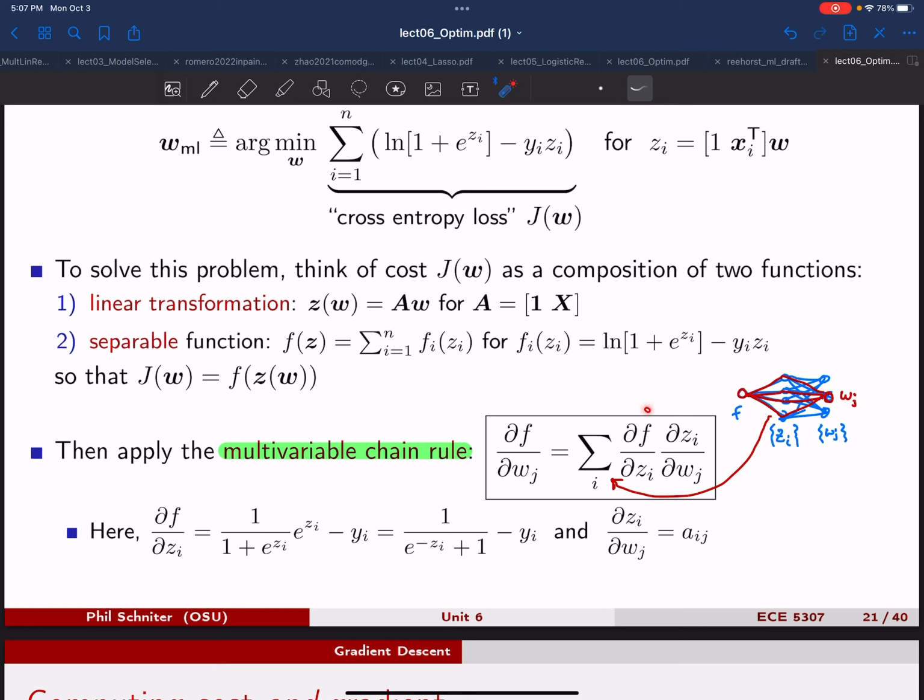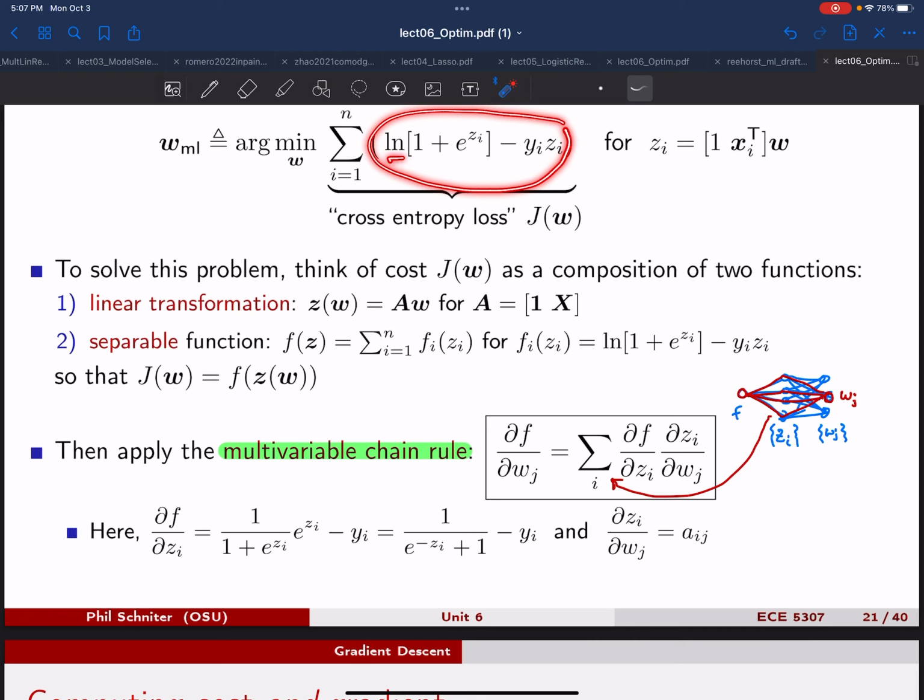So let's first look at this first term, df dzi. This is the whole function f as a function of zi. So how do I take the derivative of this with respect to zi? Well, I move this through the sum. I realize that only one of the terms in the sum has the i that matches this. And then I just take the partial derivative of this thing with respect to zi.